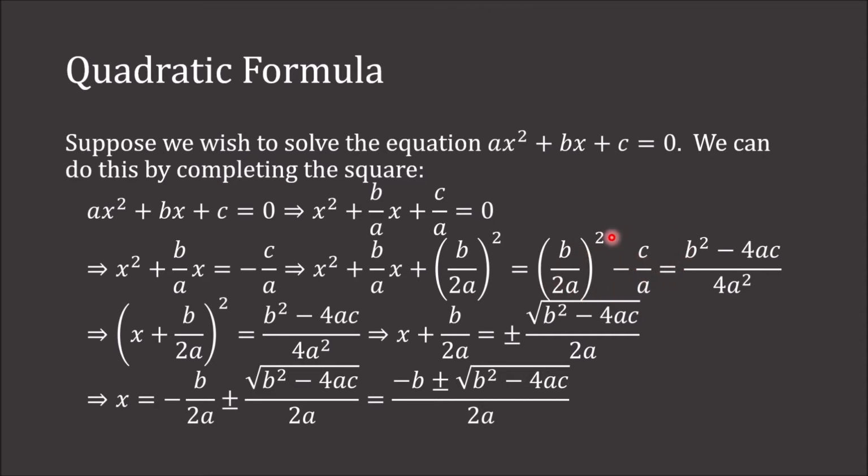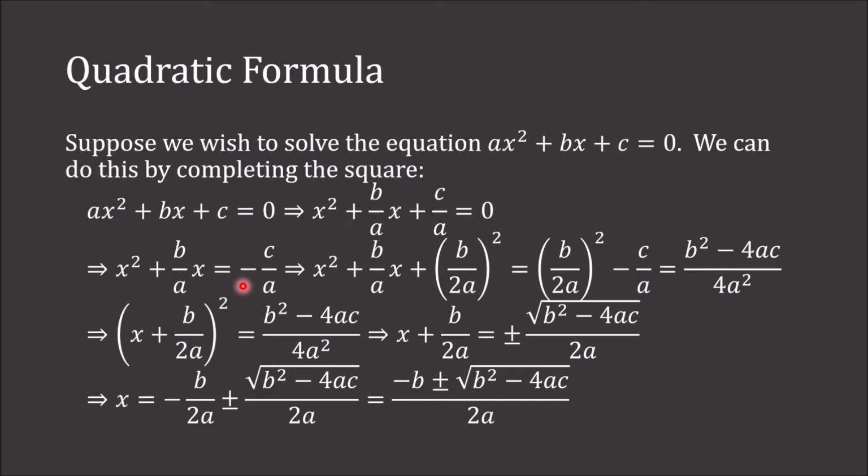By distributing the square through and subtracting fractions by finding the least common denominator, the right side simplifies to b squared minus 4ac over 4a squared. The point of completing the square was that we can now write the left side as a perfect square binomial. Specifically, it's x plus b over 2a all squared.